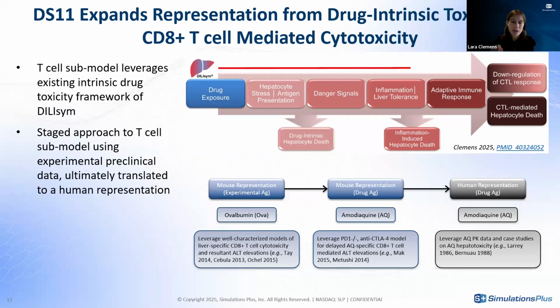And these were very susceptible to an amodiaquine-induced CD8 positive T-cell response that then led to ALT elevations. And so this allowed us to bridge the connection from administering a drug to then having some antigen present in the liver that can lead to T cell expansion and then a potential cytotoxic response.